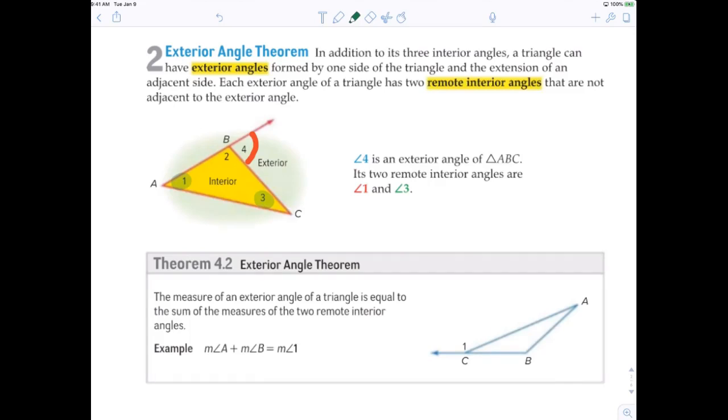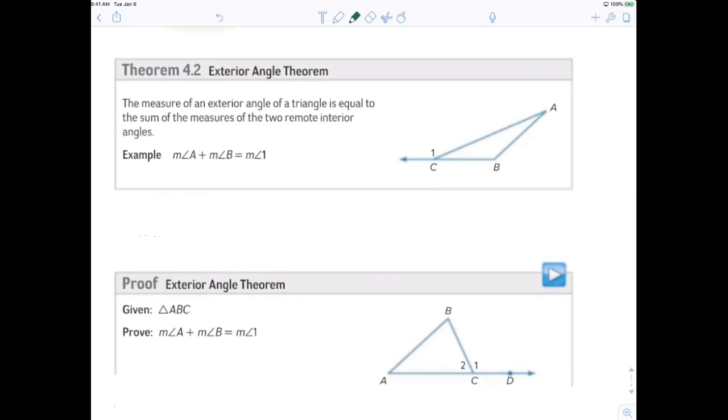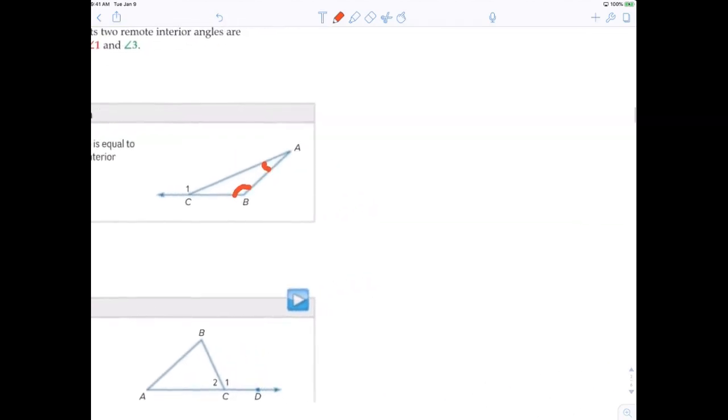It's very easy. So what we're trying to do right here is demonstrate why angle 1 is always equal to A plus B. Should be pretty easy. Now, let's just do something so you can see it. I'm going to give you an example over here, and then you can see how obvious it is.